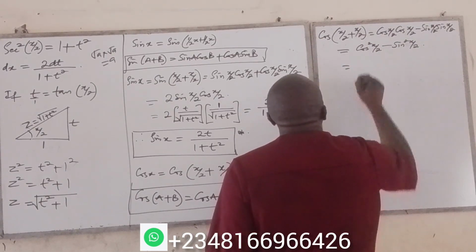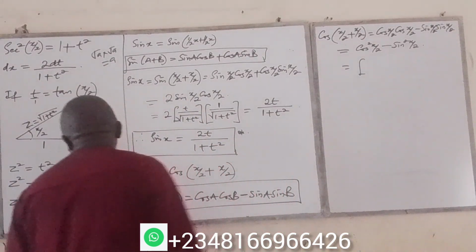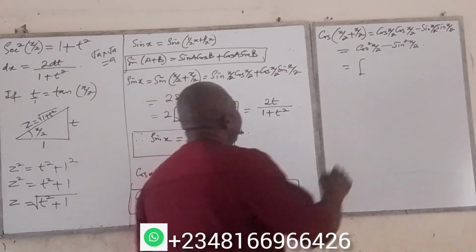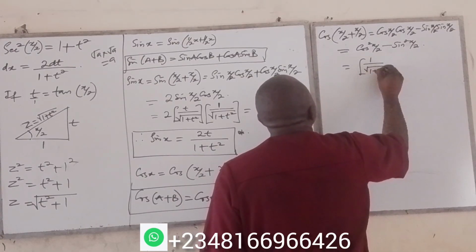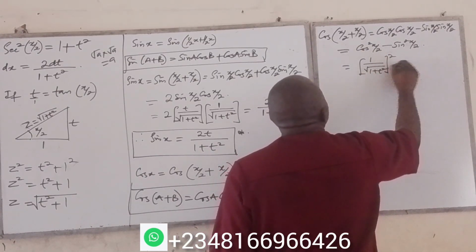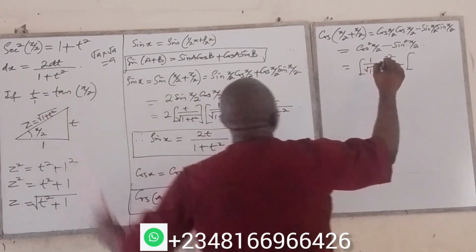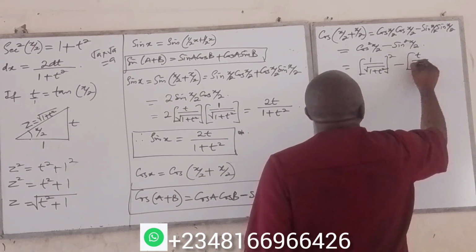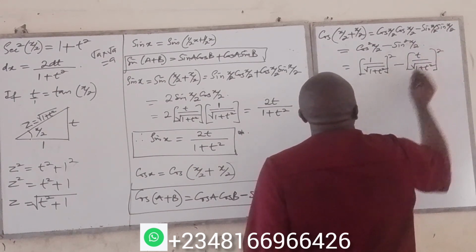Now we have already seen the value of cos x over 2. Cos x over 2, adjacent over hypotenuse, is 1 over the square root of 1 plus t squared, all squared, minus sine, opposite over hypotenuse, which is t over the square root of 1 plus t squared, also squared.